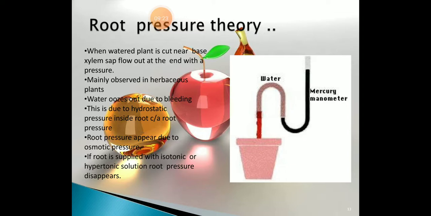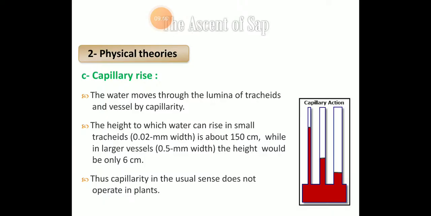Take a potted plant, cut the tip of the plant at the stem portion, and insert the mercury manometer. When water absorption takes place, the mercury level starts to increase, as shown in the figure. Like that, the root pressure causes the upward movement.